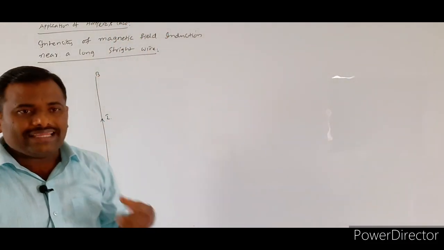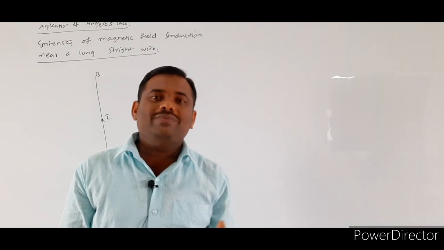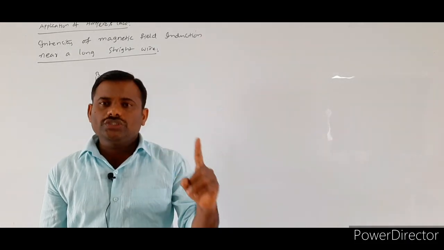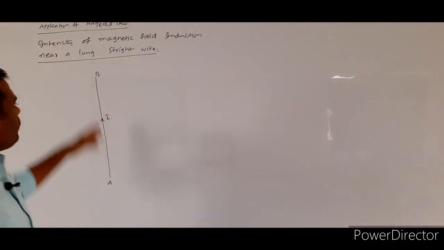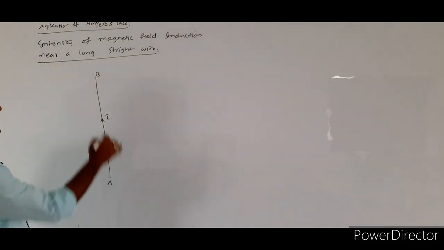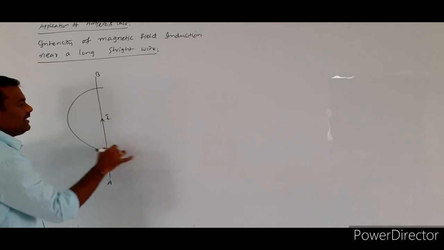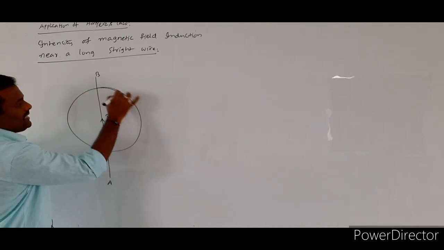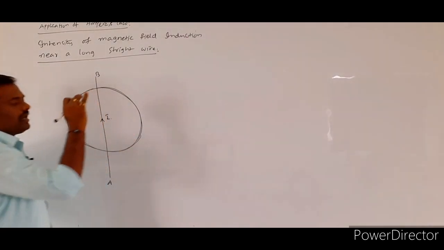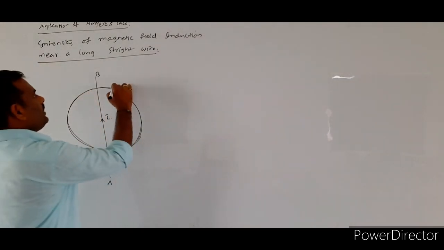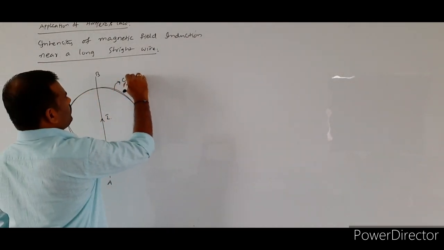If you want to apply Ampere's circuital law, you must have a closed loop. So around the given current carrying conductor, I imagine a circular loop, which acts as a closed loop.